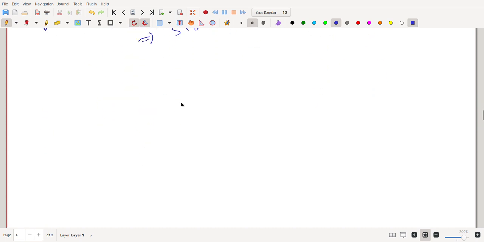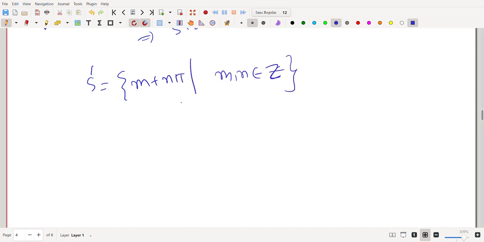In a previous year, a question also came like that: S prime equal to m plus n pi such that m, n belong to Z. That is also the case. So in this case, S is not cyclic and S is dense.